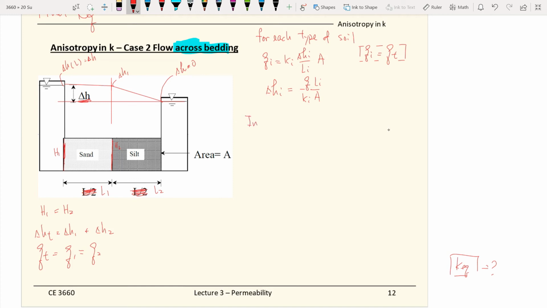In total, if we sum up all the head drops, it will be equal to Q divided by A, which is the constants that we factor out, times the summation of all the variables. So this is equation 1. This is the summation.